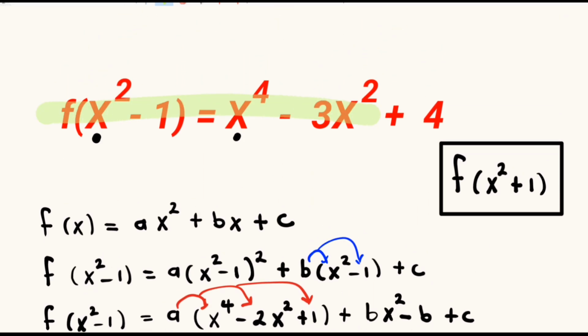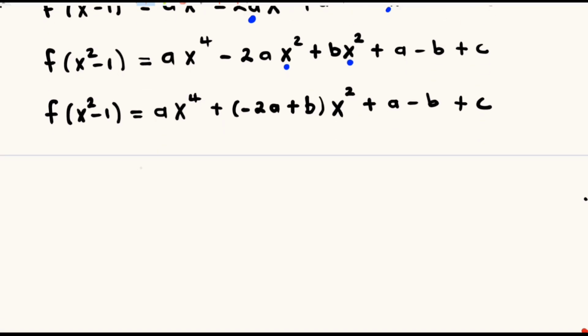So from here, our original f of x squared minus 1 is equal to x raised to the power 4 minus 3 multiplied by x squared plus 4.